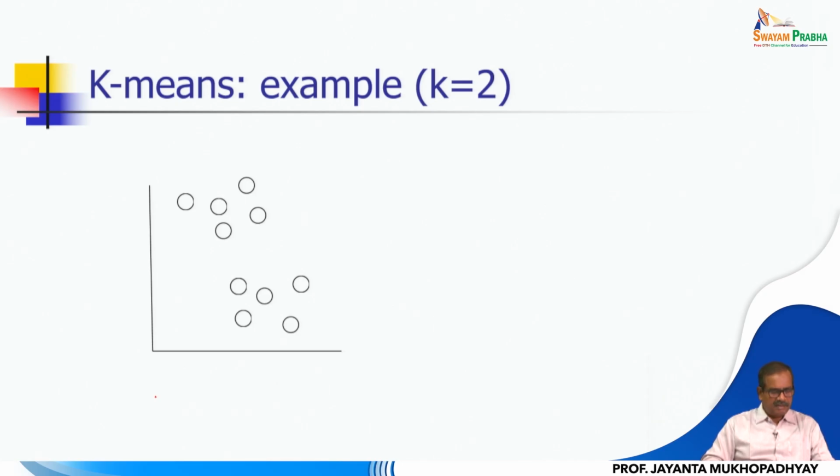I am just showing one example with 2 partitions, and we are considering all data points in a 2-dimensional space. As you can see, I have shown those data points by drawing circles centered at the data points. Suppose your initial centers are these 2 triangles. The triangles show the positions of the centers, to differentiate them from the data points.